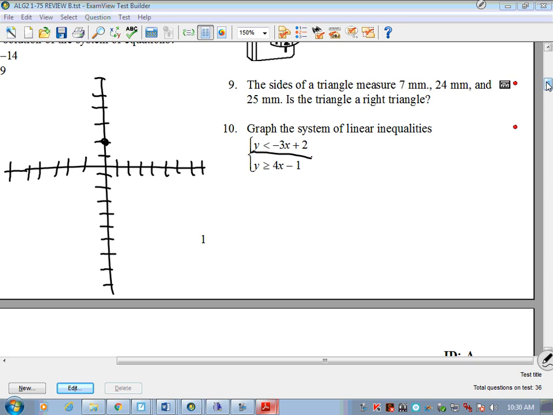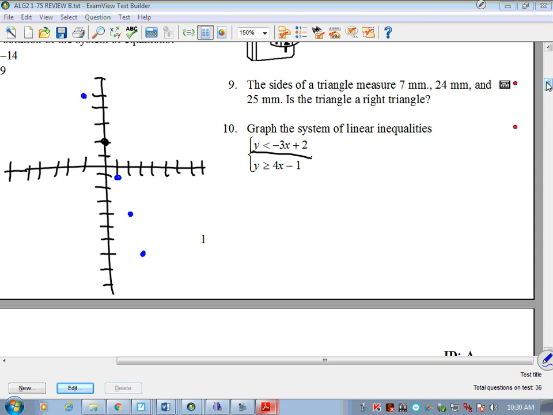But I'm going to go down 3 over 1, 3 over 1, 3 over 1, and I could go back 1.